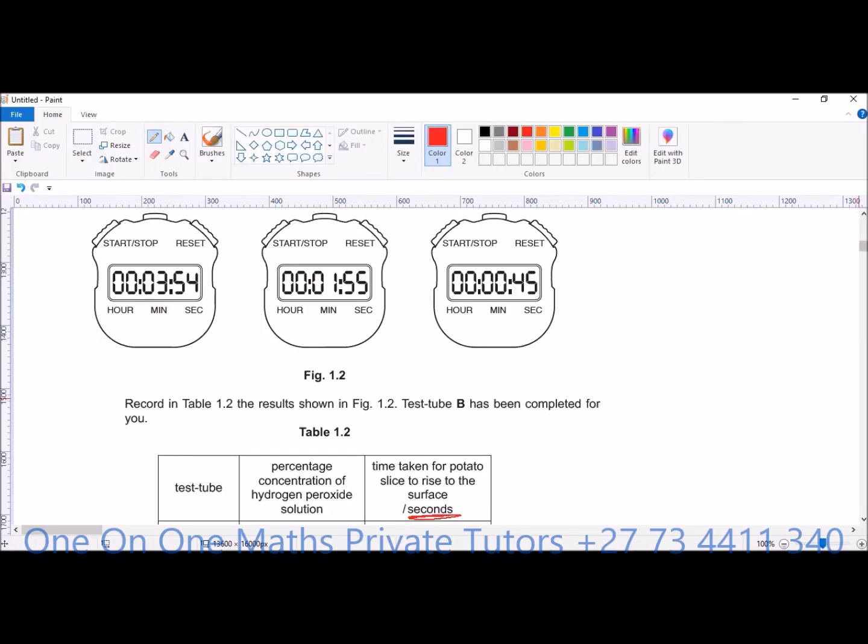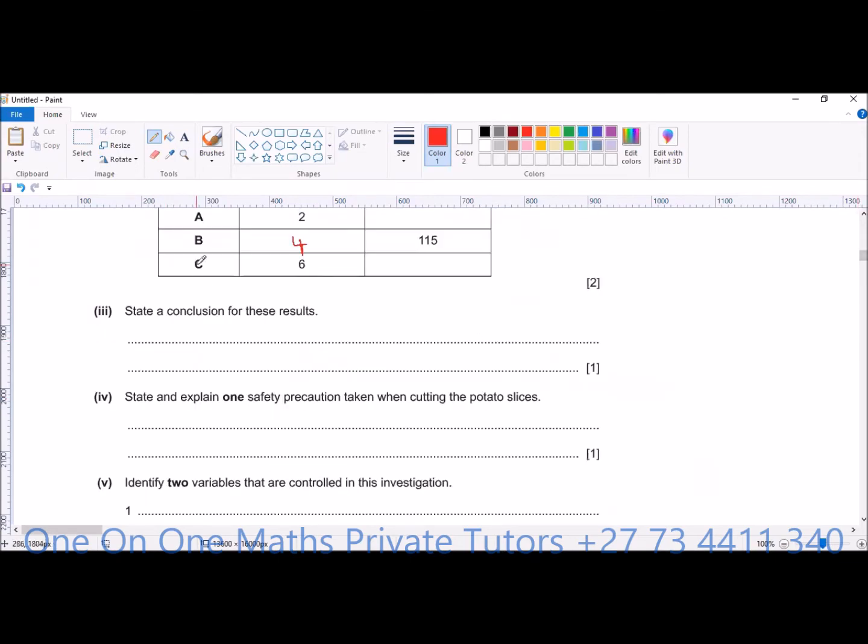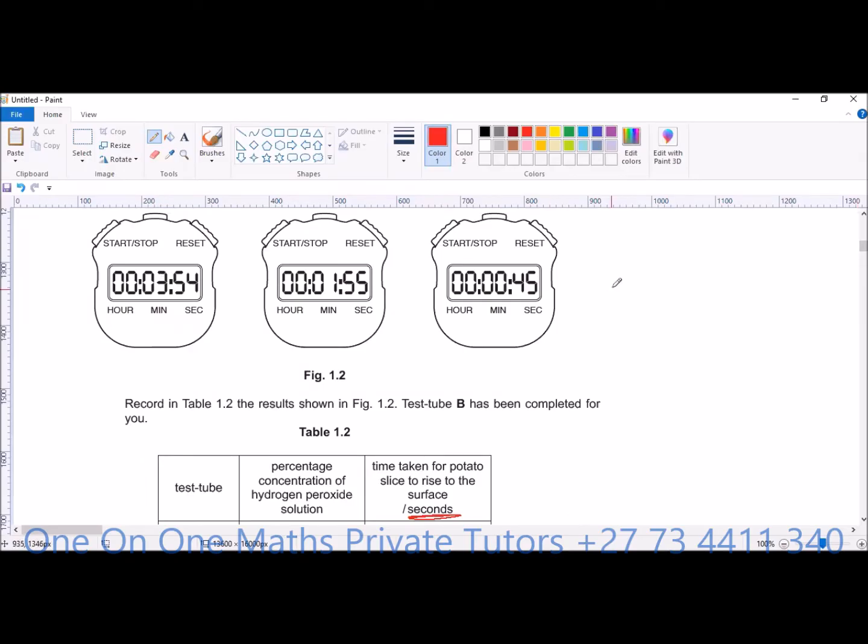Can you convert time from minutes and seconds to only seconds? A. Let's calculate for A. 3 minutes 54 seconds. Okay. 3 minutes in seconds, 3 times 60, since every minute is 60 seconds.